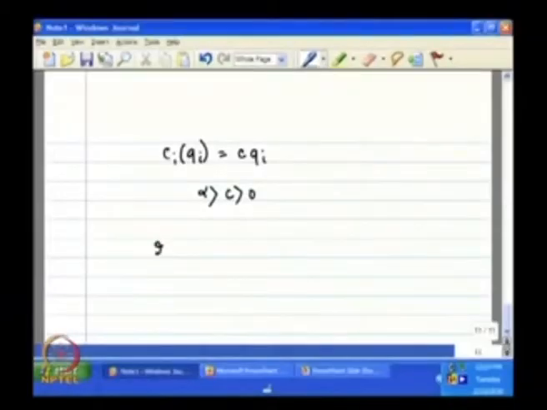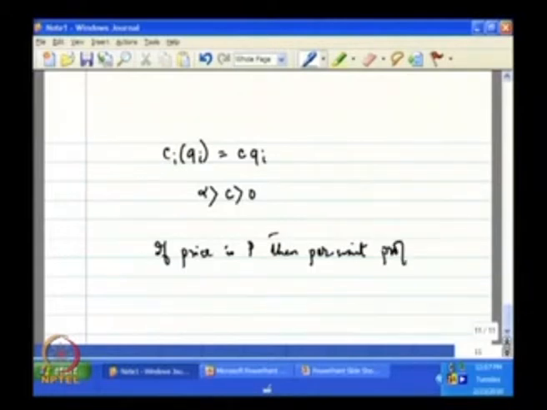Now, from this it is clear that if the price that I set is p, then per unit profit is p minus c, because by selling 1 unit of output I am earning p.